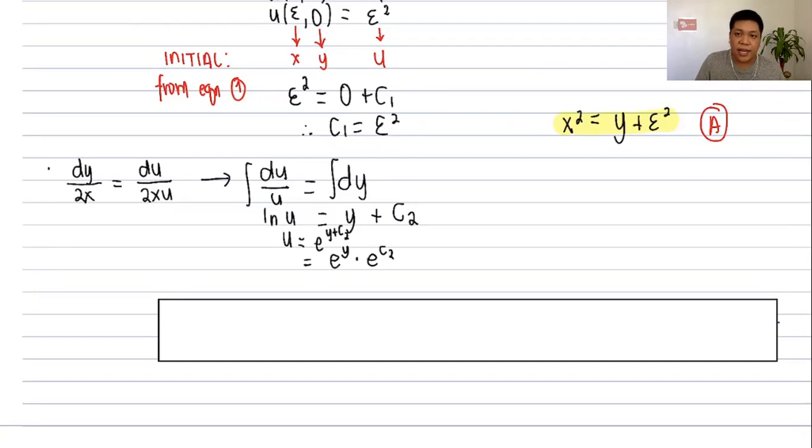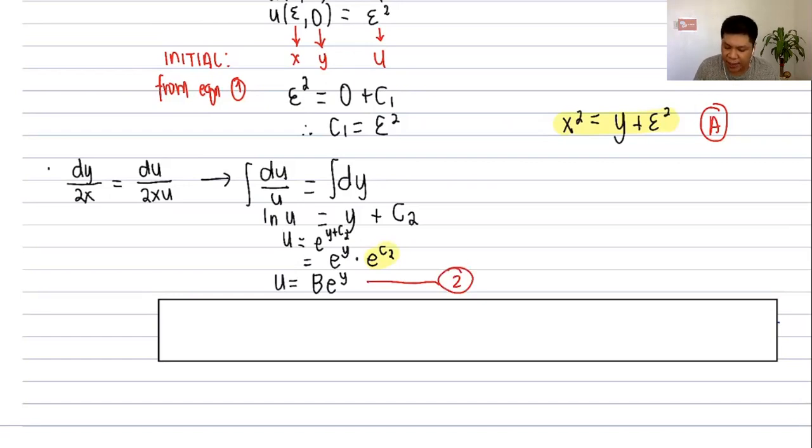Agree? And I know that e raised to c2 over here is actually a constant. Therefore, I can just absorb that constant. u is equivalent to another constant, b, e raised to y. So let me call this equation number 2.